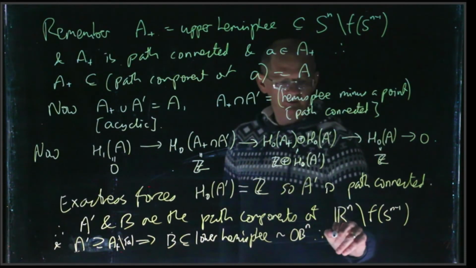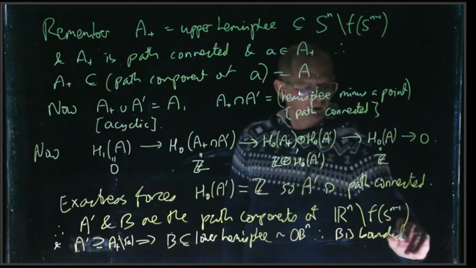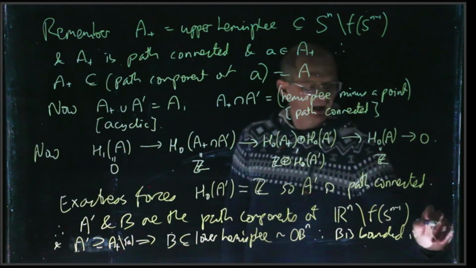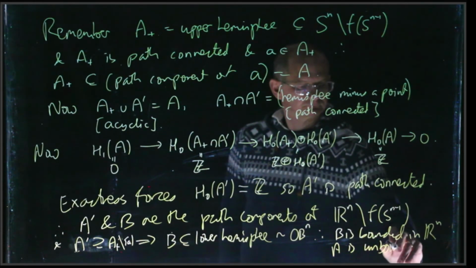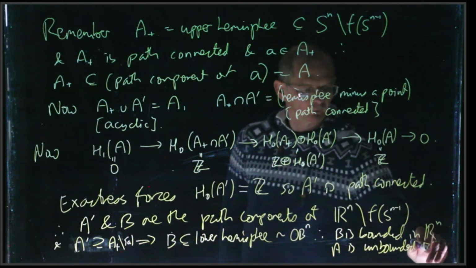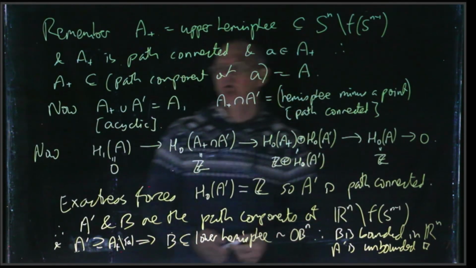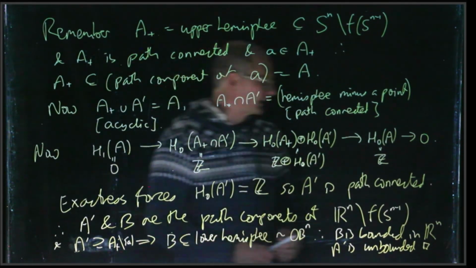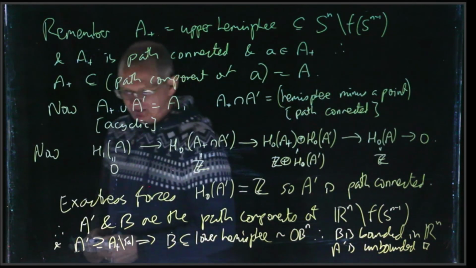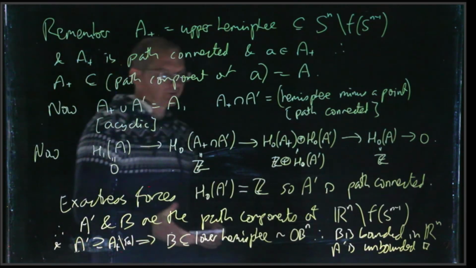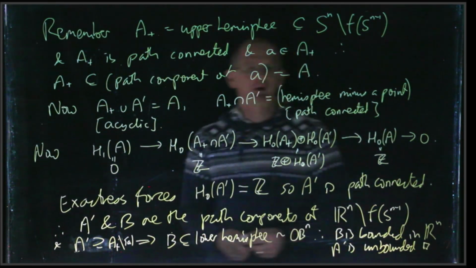So that means that B is bounded in R^n and A is unbounded. So A prime is unbounded. Okay, so that proves this generalized Jordan curve theorem. Any copy of S^(n-1) in R^n divides it into two components, which is, as I said, highly believable, but very difficult to prove without homological methods.